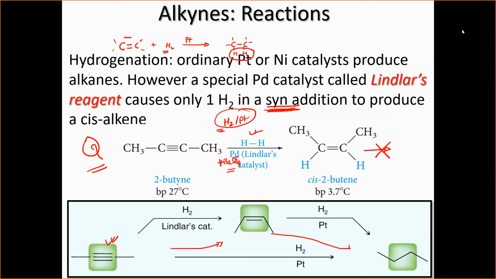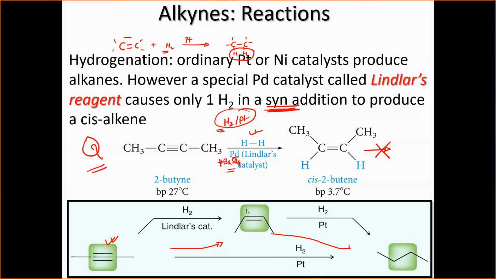So now, in order to convert the triple bond to a double bond, you can use the Lindlar's catalyst. Whereas if you want to convert a triple bond to a single bond, you can use regular hydrogen in platinum.